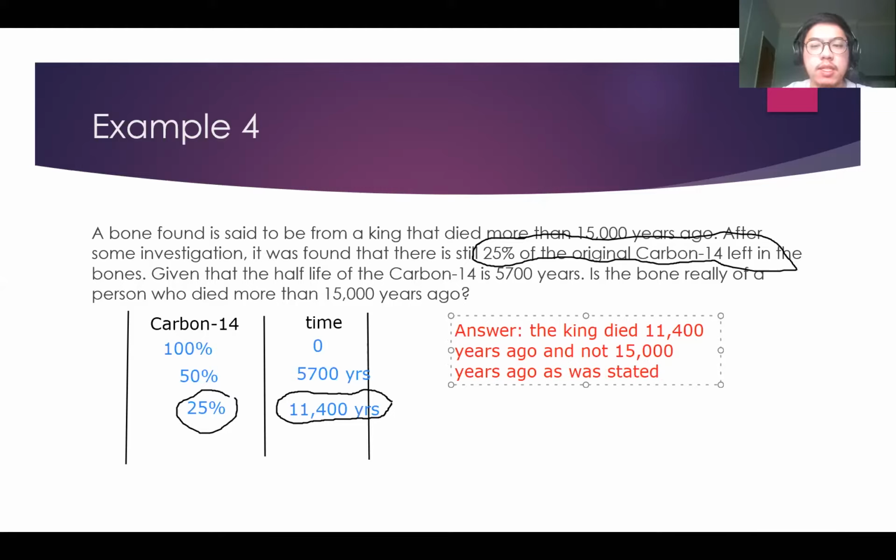So whoever said the king died 15,000 years ago is not true. After our calculation, we figured out the king actually died 11,400 years ago. Okay, so that's how we use carbon dating to calculate how much time has passed, or the age of a certain bone or fossil.